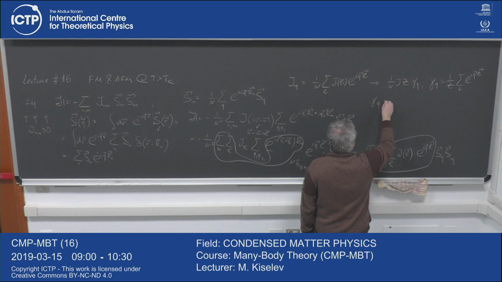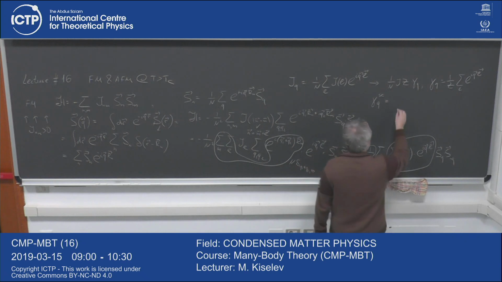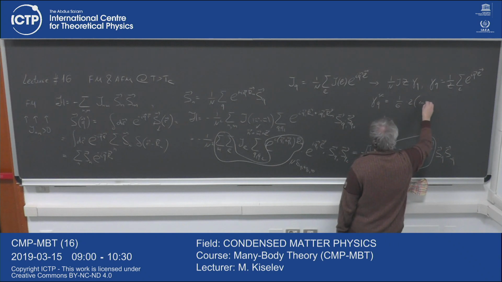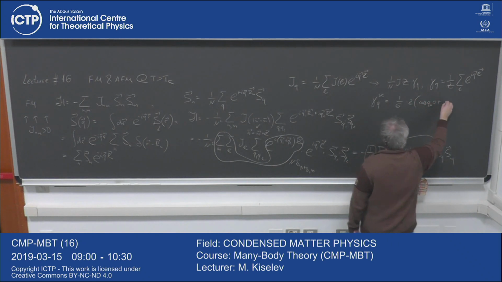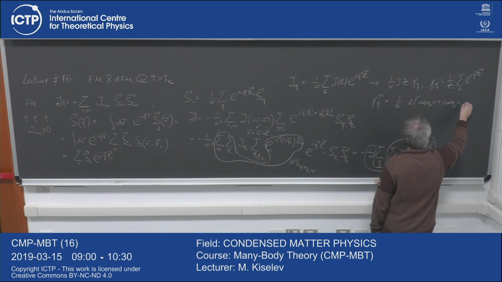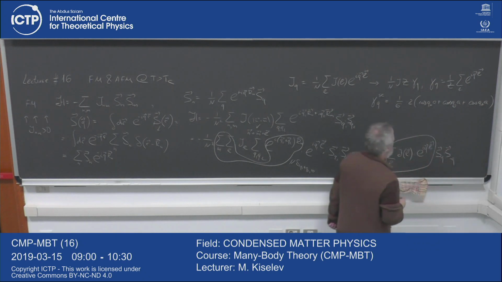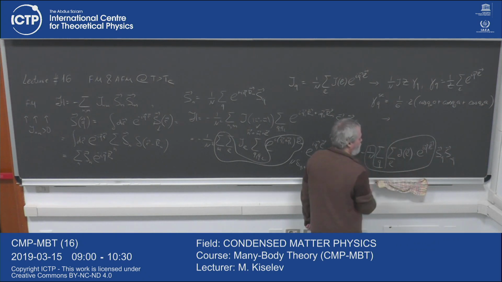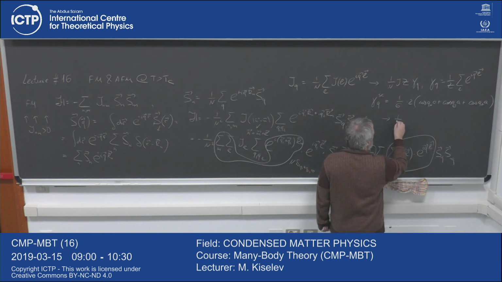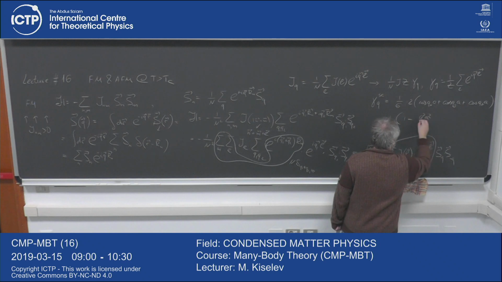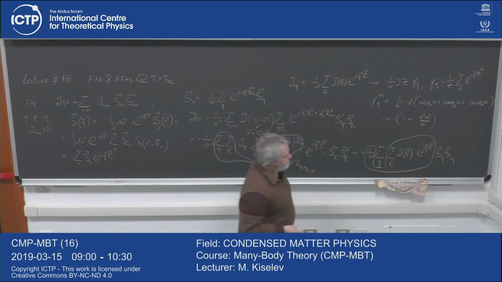So gamma_q for a simple cubic is equal to 1 over 6, and we have 2 times cosine q_x a plus cosine q_y a plus cosine q_z a, and in the limit q goes to 0, in the long wave limit, this is 1/3 times 3, so therefore this is 1 minus q squared a squared over 6.